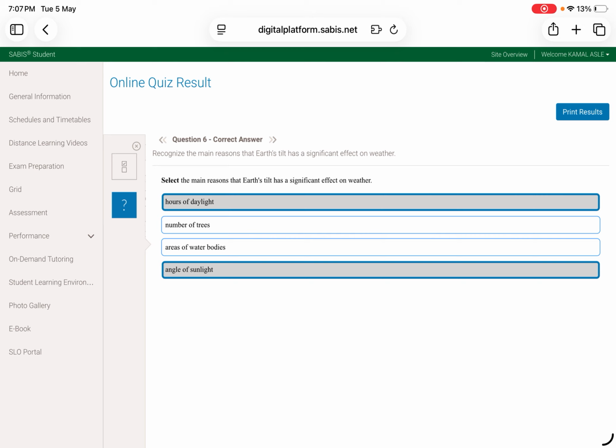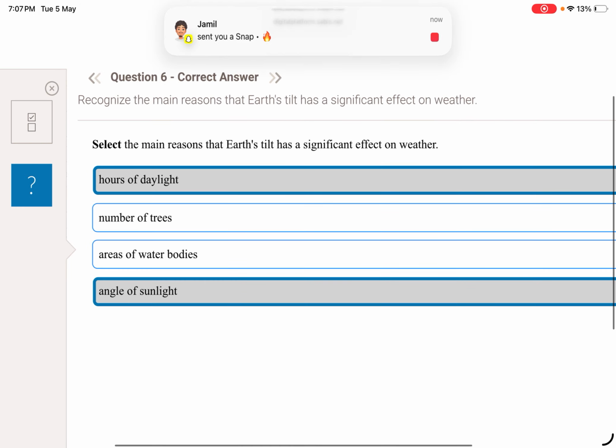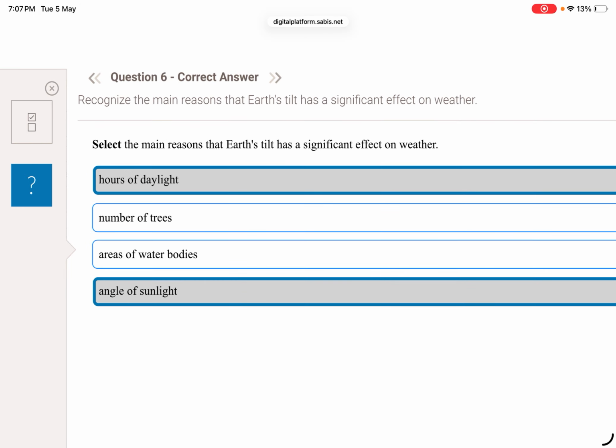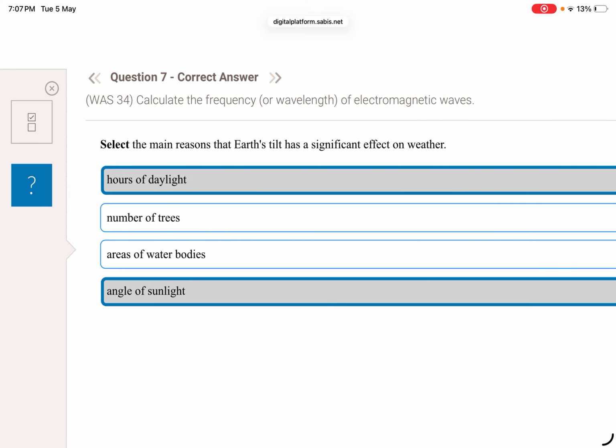When it's tilted away from the sunlight, it will have a weaker heating. So the hours of daylight and the angle of sunlight, both of those are the main reasons why it affects the Earth. Okay, question number 7.